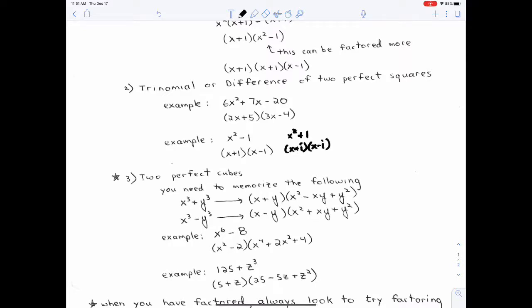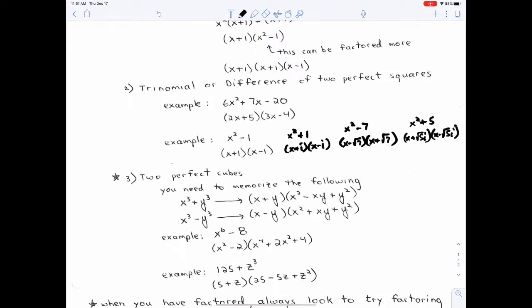It would also include things like x squared minus 7, which would be x minus square root of 7 and x plus square root of 7, and things like x squared plus 5, which would be x plus square root of 5i and x minus square root of 5i.